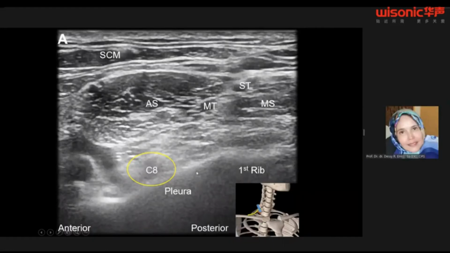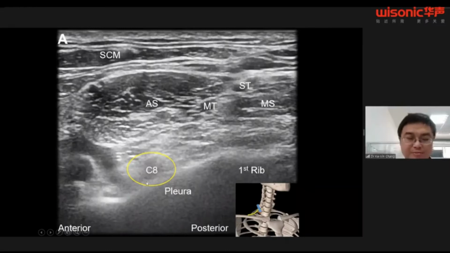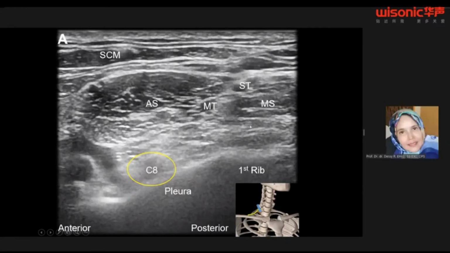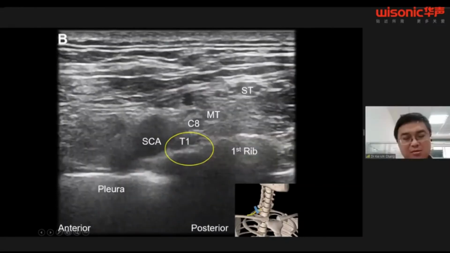So this is the ultrasound image of the cervical rib. This is the cervical rib over here, and you can see it actually has a connection with the C7 transverse process. This is the C7 transverse process. Another structure that we usually omit during the scanning of our brachial plexus is the C8.